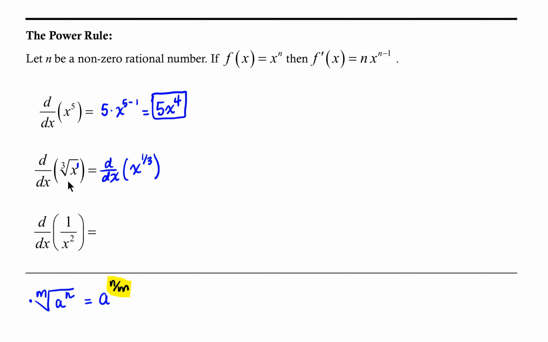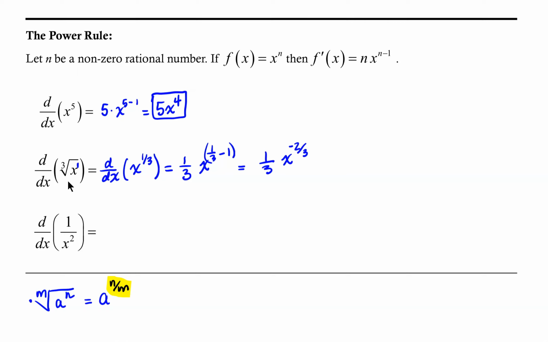Now applying our power rule, then, that is our exponent, so 1/3 x to the 1/3 minus 1 power. So that is 1/3 x to the 1/3 minus 1, which is actually -2/3.